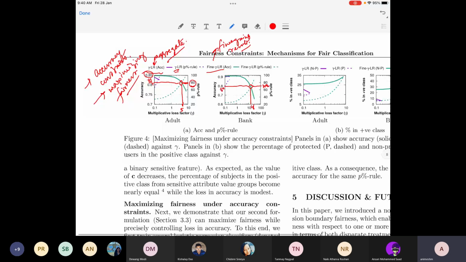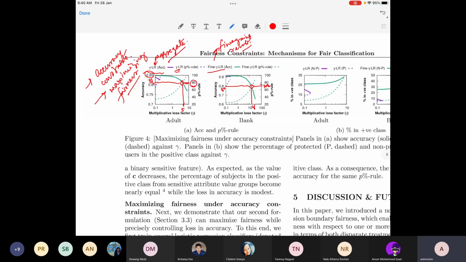You can in fact go a little higher up also and choose a gamma close to 20, which will probably hurt the accuracy a bit, but will ensure a little higher P% rule. Okay, so the choice depends on the design engineer. So finally, once you have this plot in front of you, the choice is on the design engineer.